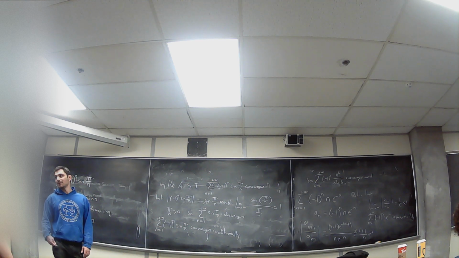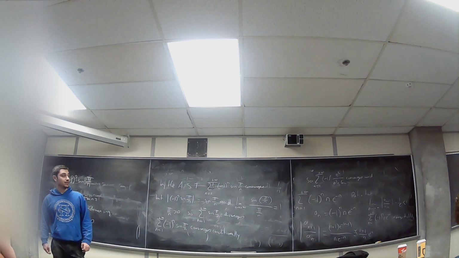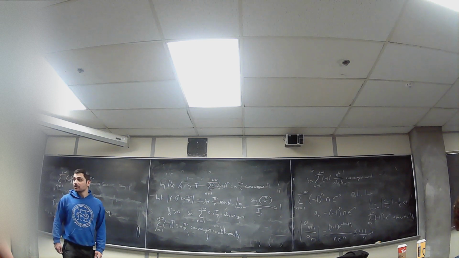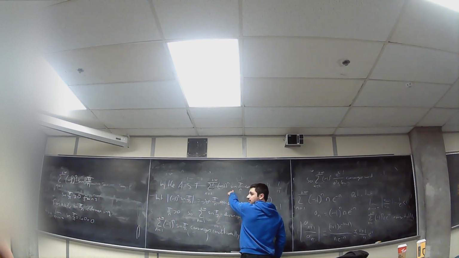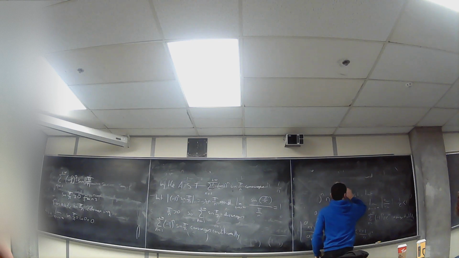The limit is not zero. The limit of the absolute value of cosine of 1 over n is what? 1. So if I put a cosine here, the limit of the terms does not go to zero.